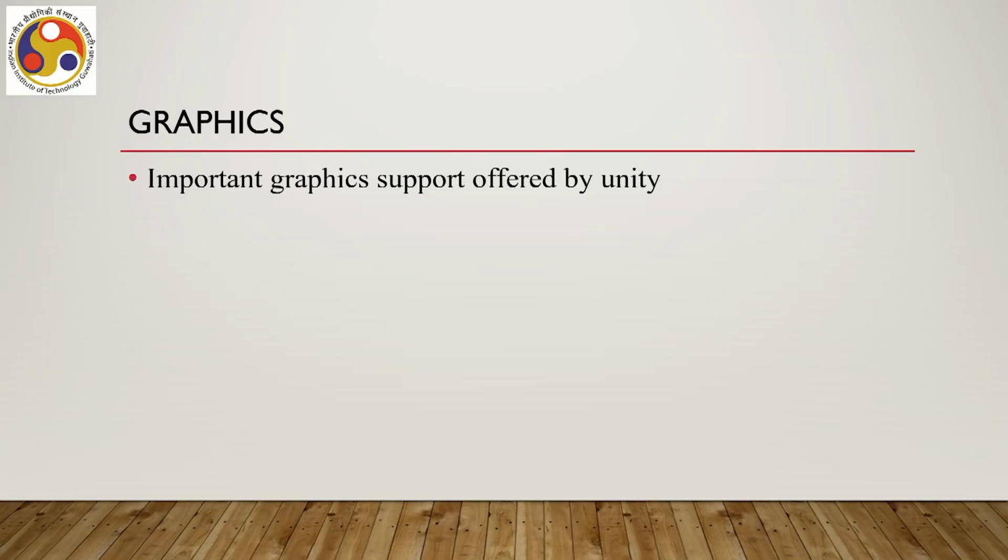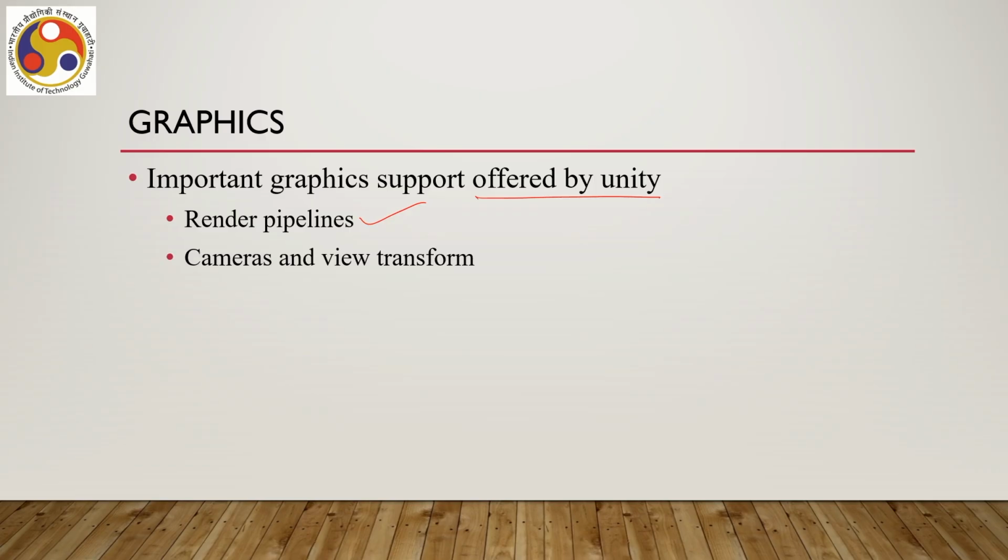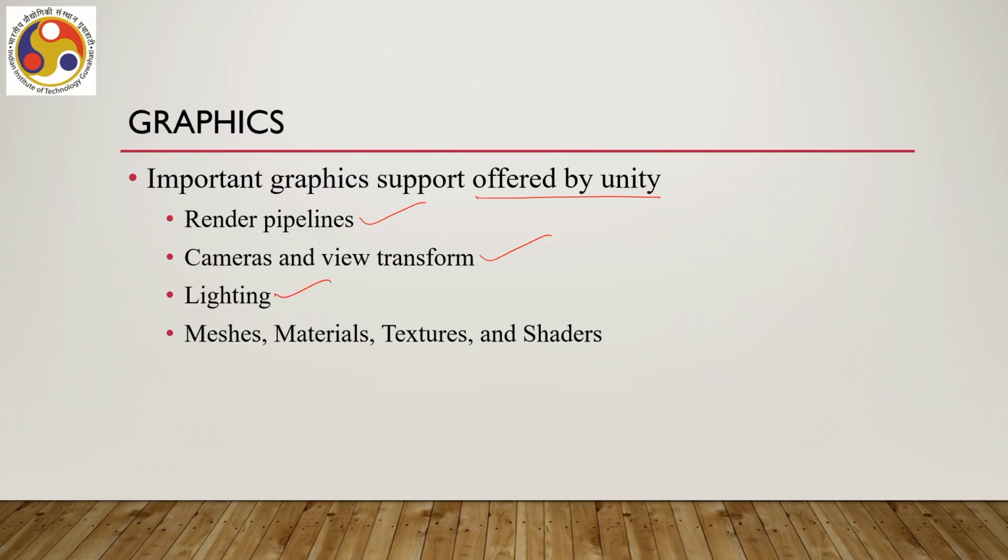Now, important graphics support offered by Unity are render pipeline support. So, Unity provides support to implement the entire pipeline. Camera and view transform support, that is of course one stage of the pipeline. Lighting, another stage of the pipeline. Meshes, materials, textures and shaders, different components of the pipeline.